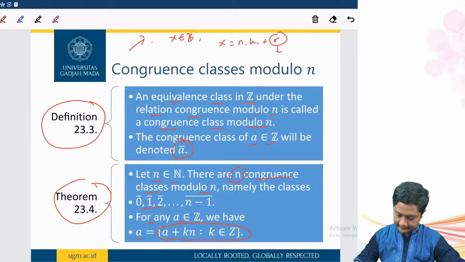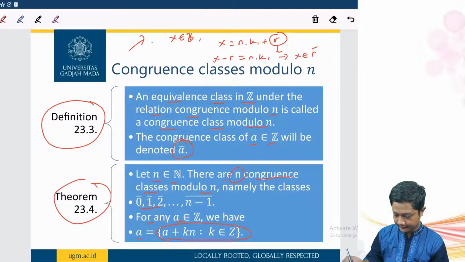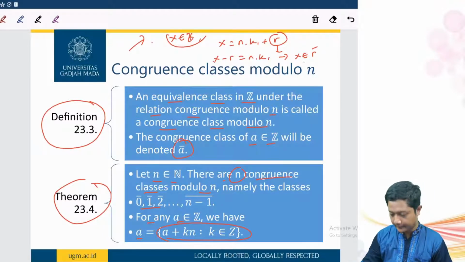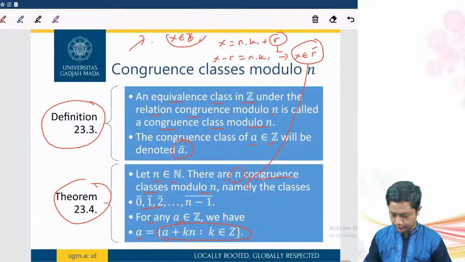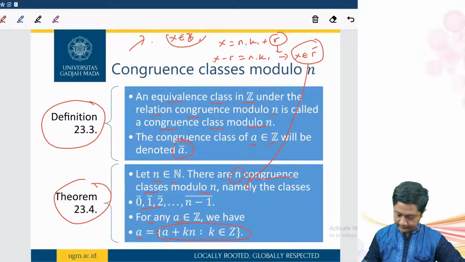And then I will say x minus r is divisible by n. What's the meaning? I have x belongs to the congruence class of r. Okay, that means whenever we have an integer, then I can find a representative such that the value is 0, 1, 2, up to n minus 1, based on the division algorithm.